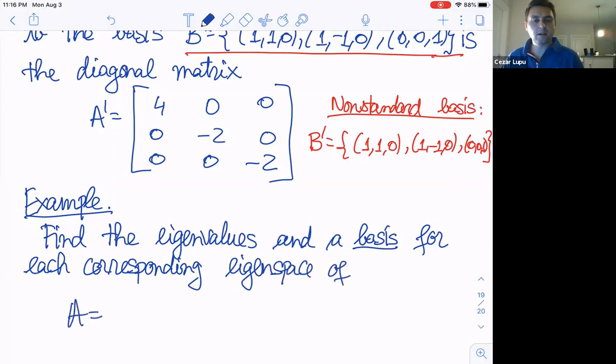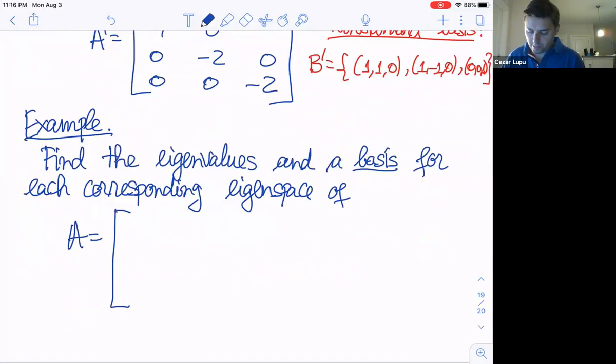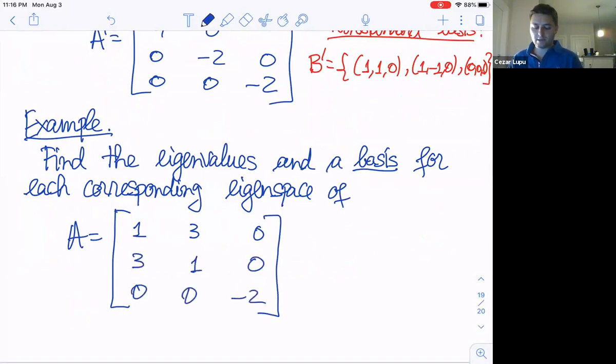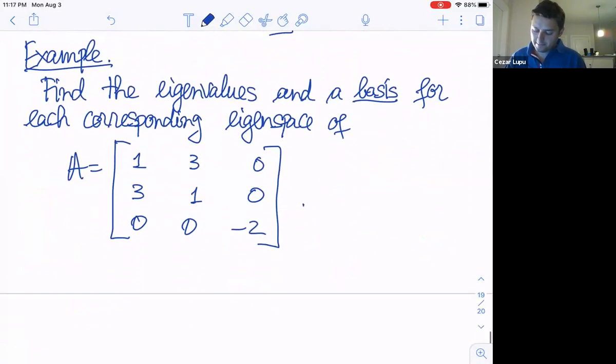And again, I'm going to take a 3 by 3 matrix. Let's do it. 1, 3, 0; 3, 1, 0; 0, 0, negative 2. Okay, I'm going to take the same matrix. I think we've taken this matrix again. Well, I just modified it a bit.